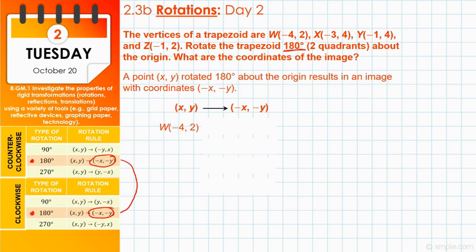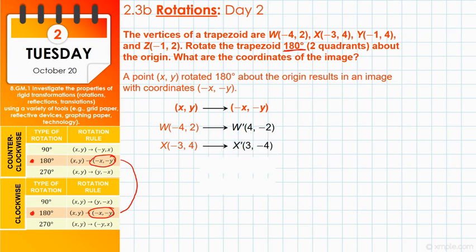Opposite X says the opposite of -4 is +4. The opposite of +2 should be -2. The opposite of -3, +4 should be +3, -4.